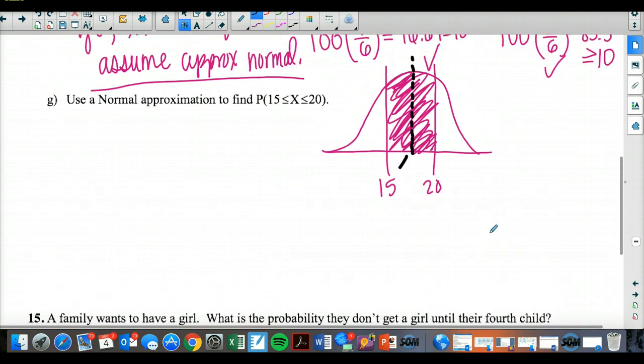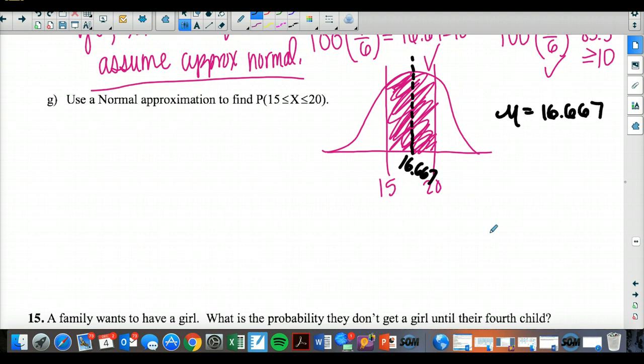So my mean is 16.667 and my standard deviation is 3.727. So I'm going to norm CDF.